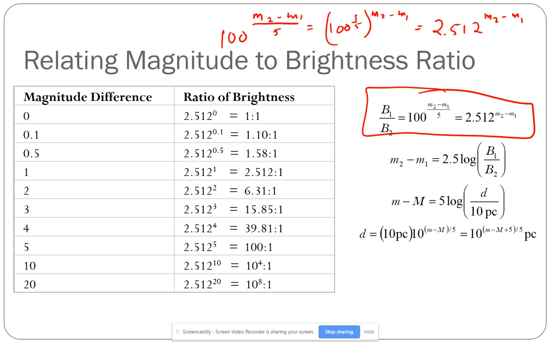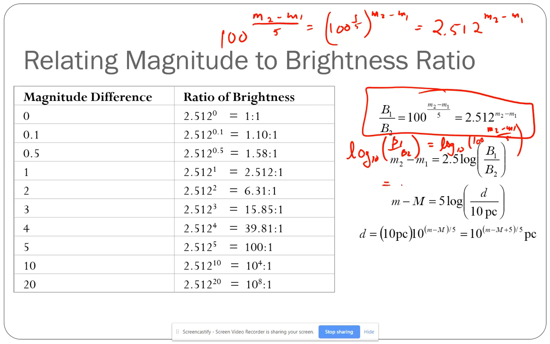And so if we take that equation that's in red, and we do the log of both sides, we're doing a log base 10 here. So we do log base 10 of brightness 1 over brightness 2 is equal to log base 10 of 100 to the (m2 minus m1) over 5.